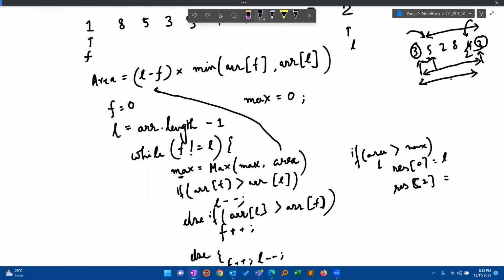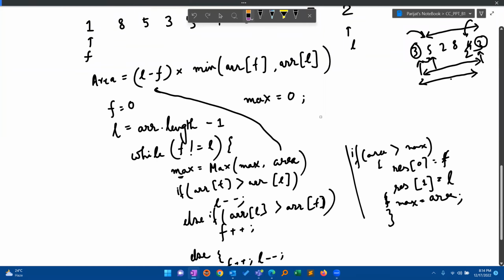So res 0 equal to first and res 1 equal to last, if the question was to return a pair of indices where the answer lies. Obviously you would still have to update the max to area. That can be a follow-up question, a bit different, but the approach will be the same.